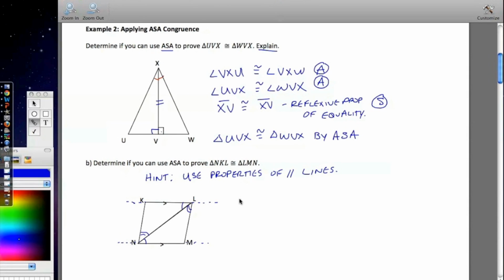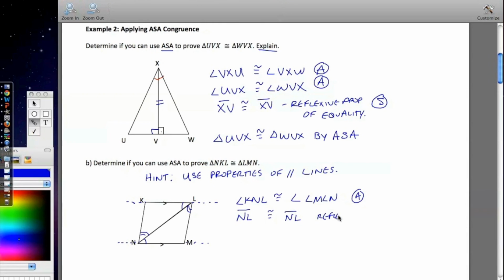And so what I'm going to say is angle KNL, so that was K and L, that was the one with 2, is congruent to angle MLN. That's my angle. I'm going to say that segment NL is congruent to segment NL.